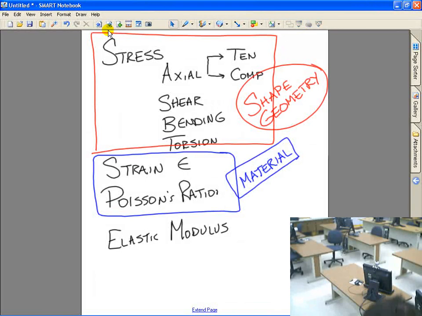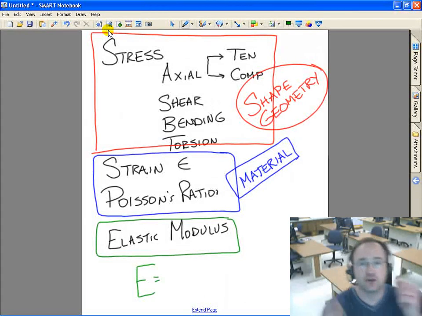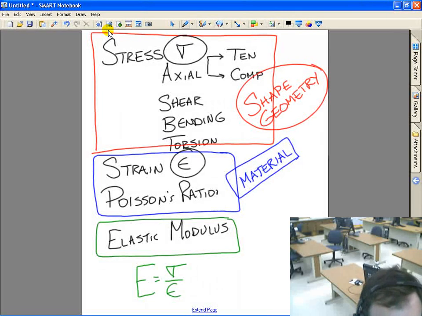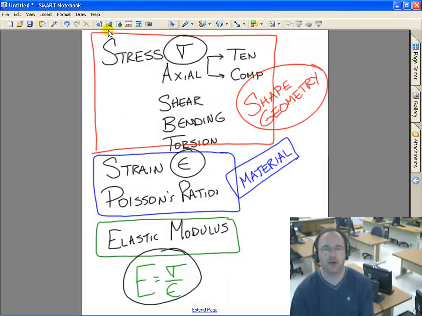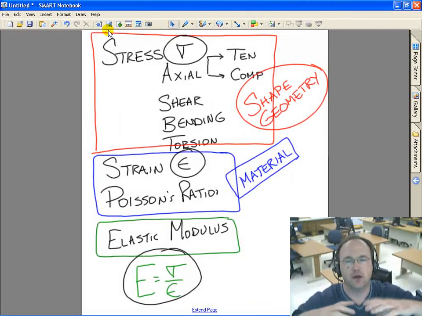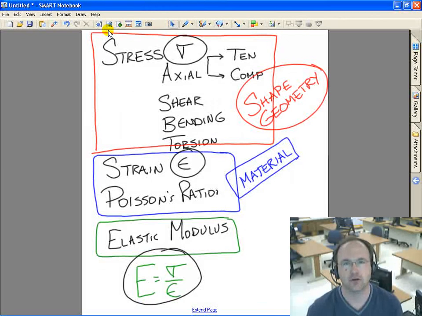And they're related through the elastic modulus, which relates, is the function that relates stress over strain. Stress, strain, elastic modulus. These are the major components on how a material handles an externally applied load.